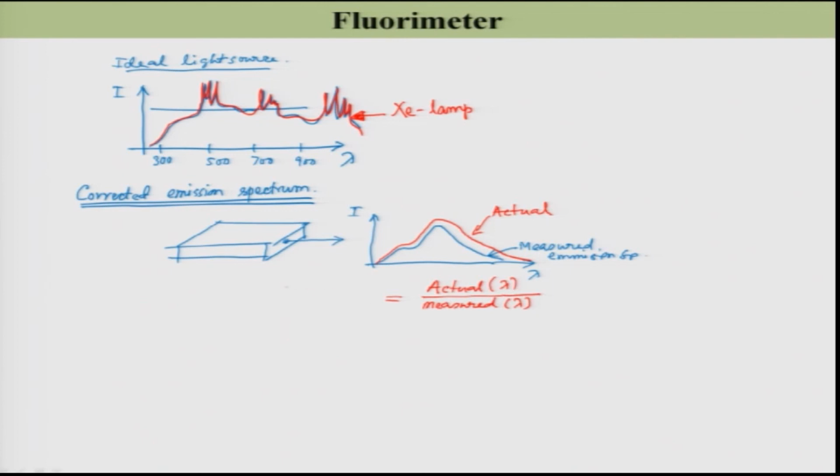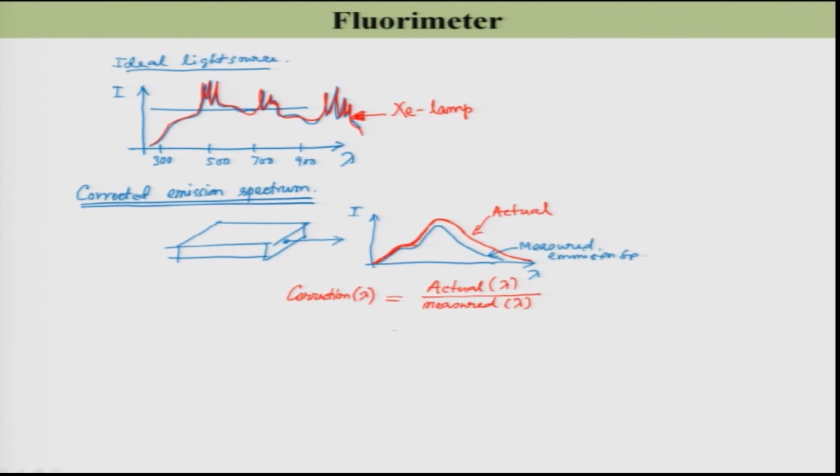So, you will get the correction file, right. You will get this correction which obviously depends on the lambda. So, at this wavelength, let us say here it is overlapping, in this region this value will be near to 1 and in this region this value will be greater than 1, right.